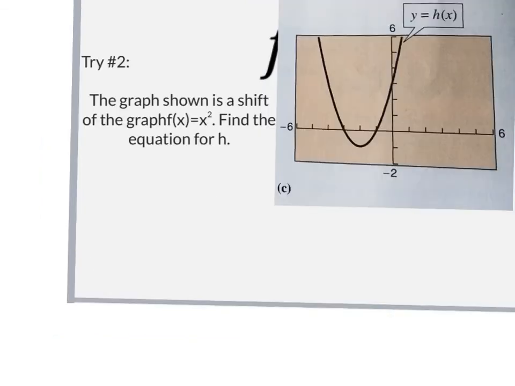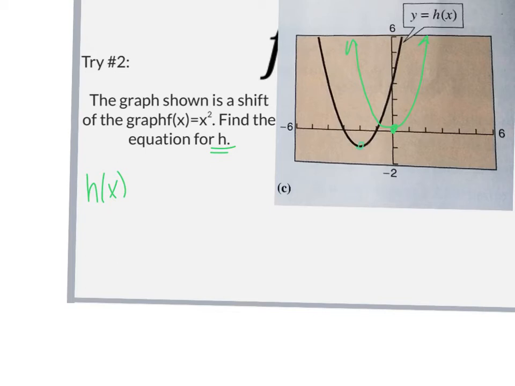And in try number 2, again, they're telling us it is a shift of the graph f of x equals x squared. So again, this is still an x squared. We're now saying that h of x is what we're looking for. They're asking us to write it in terms of h. And again, we focus on where it started from. It started at the origin, right? But look, it is now shifted.